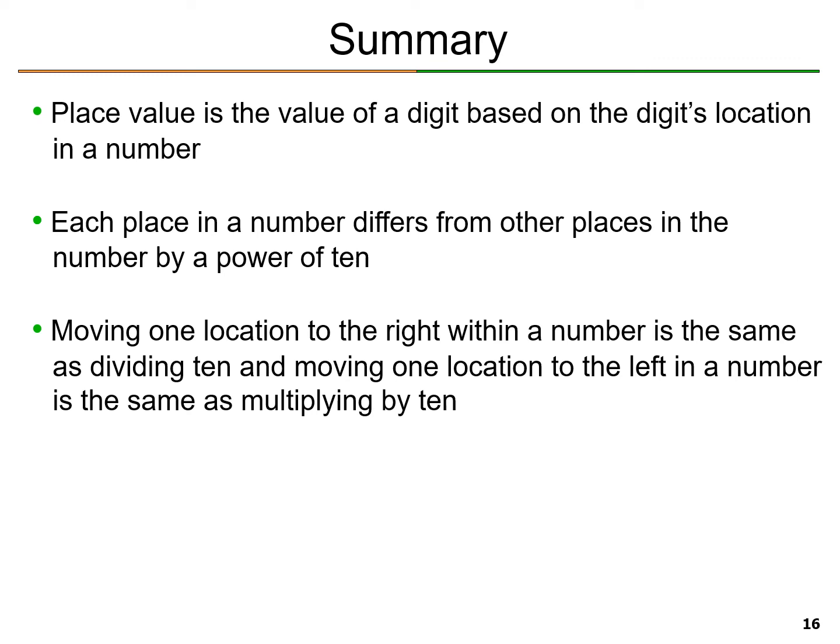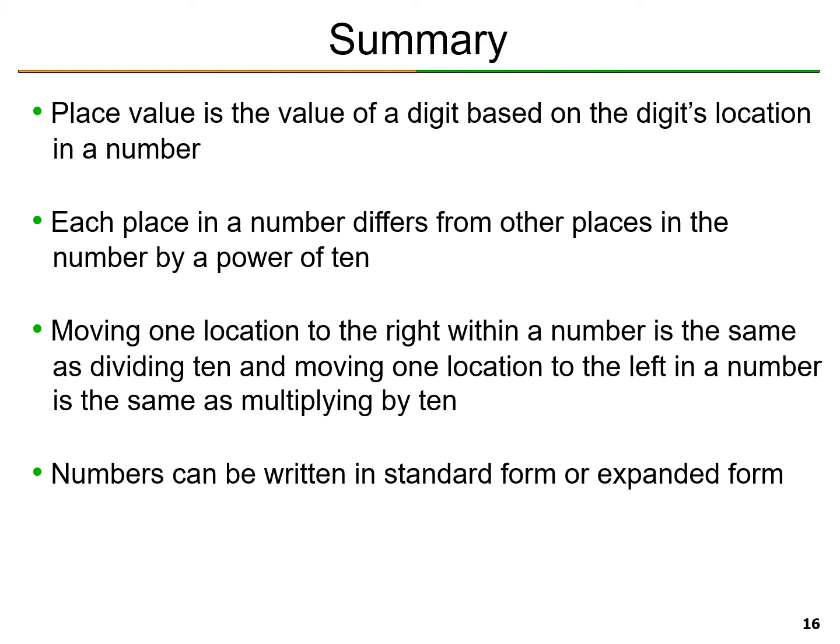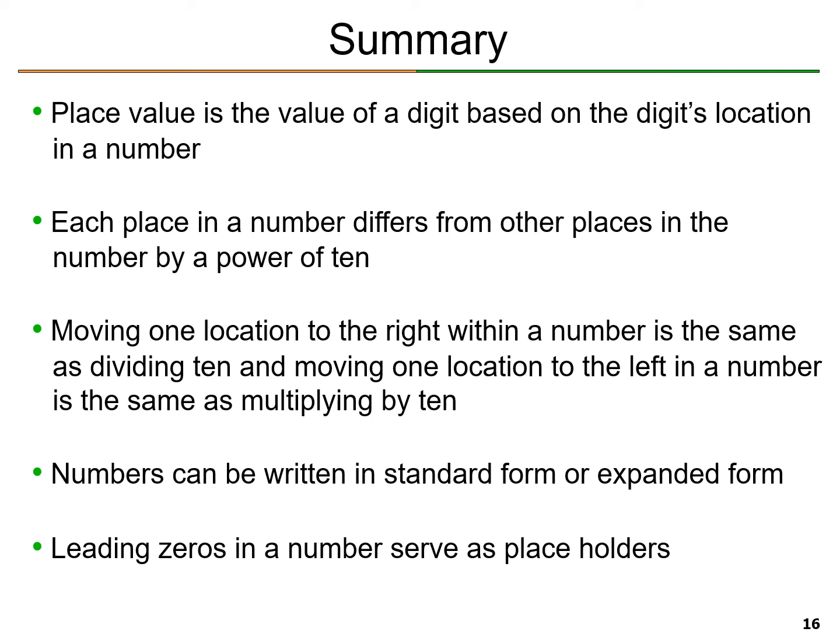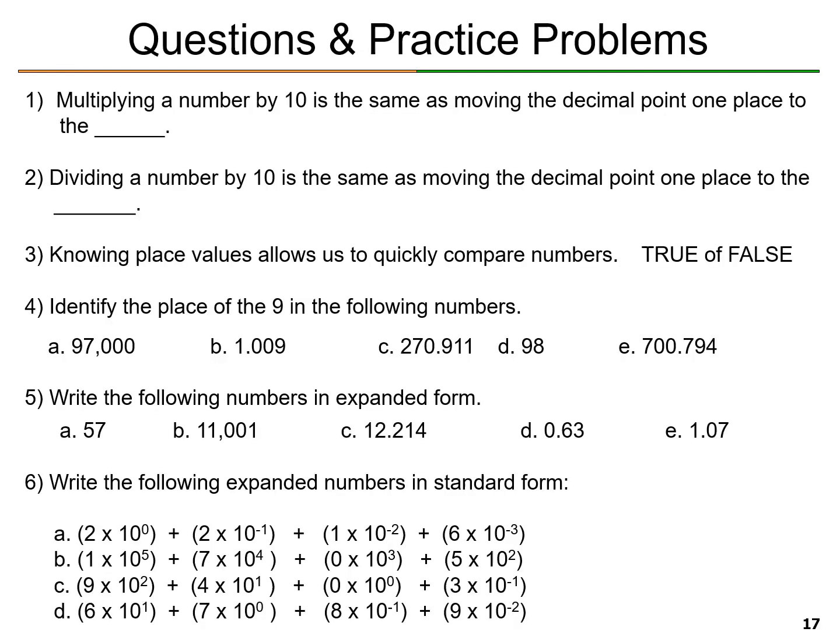Moving one location to the left in a number is the same as multiplying by 10. Numbers can be written in standard form or expanded form. Leading zeros and trailing zeros in a number just serve as placeholders.